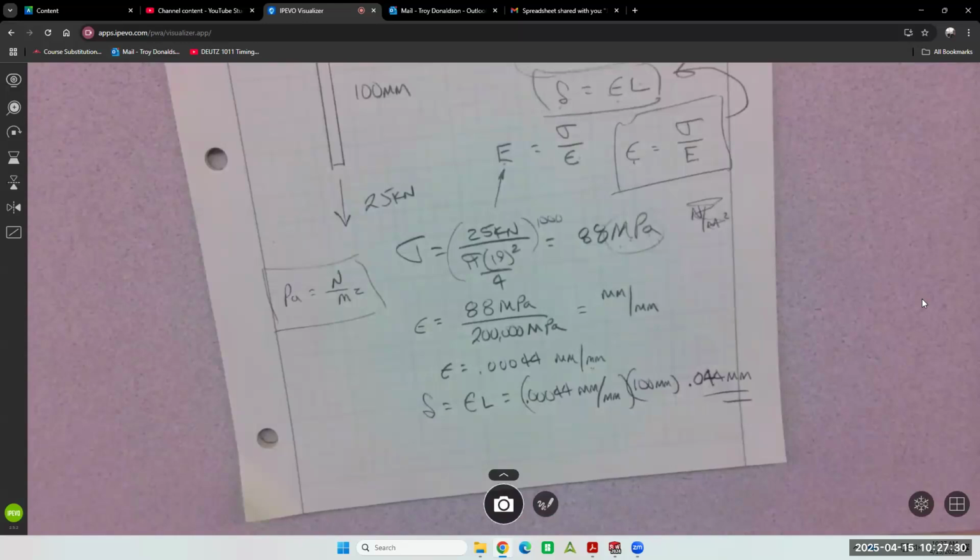Yeah, it's super small. And that's because we had a factor of safety of 3, right? Yeah. Numbers get really small in the metric system. I mean, they get pretty small in the US system too, because we don't like a lot of deformation. But they get really small in the metric system.